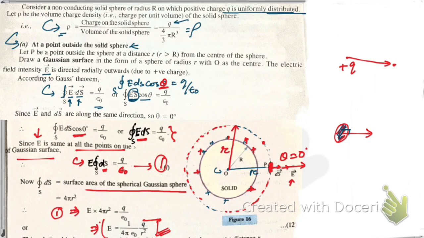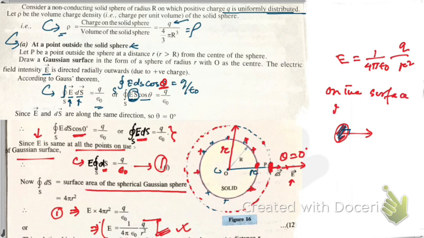So hope you have understood this topic. Now let's go to the point on the surface. Here we have got the result for outside the surface: E is equal to 1 by 4 pi epsilon naught, q by r square. On the surface, small r will be equal to capital R, because this Gaussian surface will coincide with the sphere.